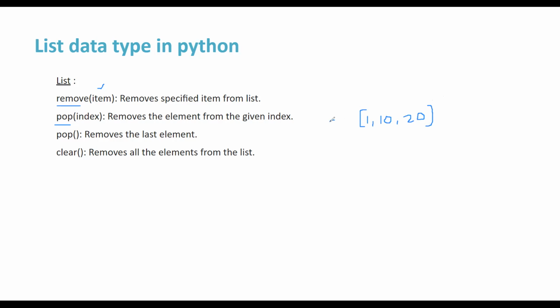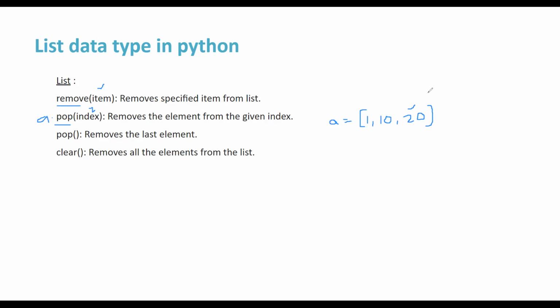Let's say this is a = a list value. When I have a variable with this list of values, if I want to remove this particular value 20, I say a.pop of index 2.